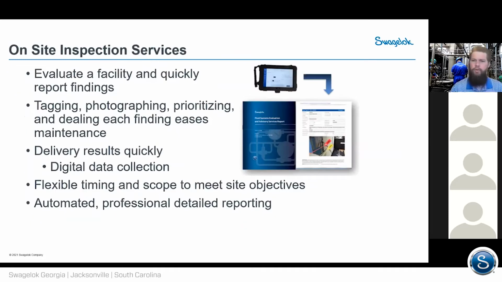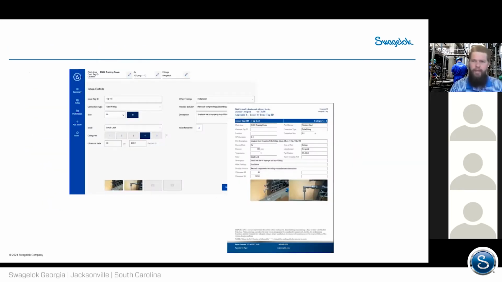So to do a lot of that advising service, we use an application on a tablet to really capture a lot of that data. This helps us to really quickly collect the data and then deliver a report out to you. Try to make it really automated and kind of user friendly. And so the application looks like this.